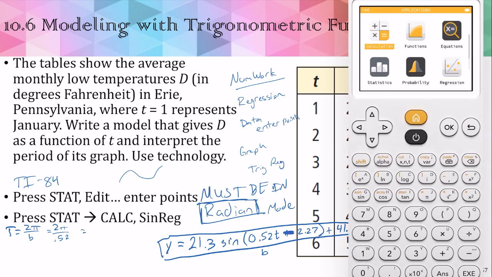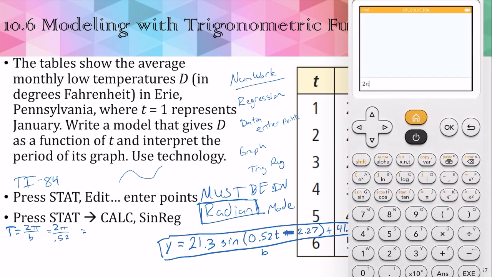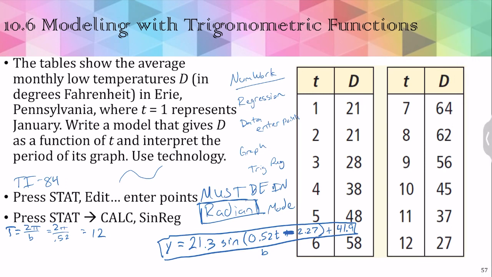Okay, so I'm going to go home. 2 pi divided by 0.52 is approximately 12. Now, why does that make sense? There are 12 months in a year, and this is going to repeat every year, so it makes sense for the period to be 12 months.